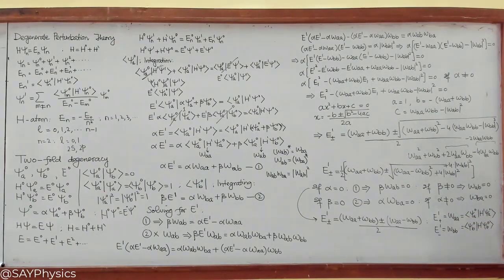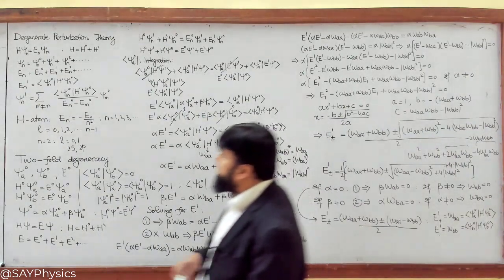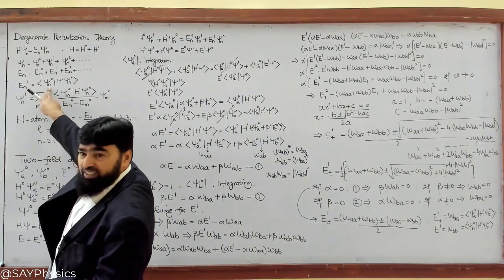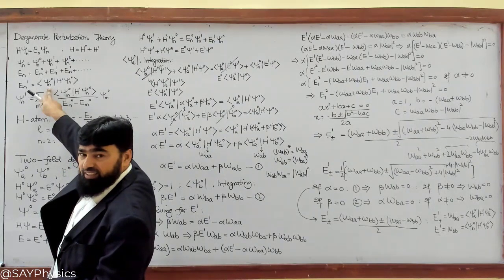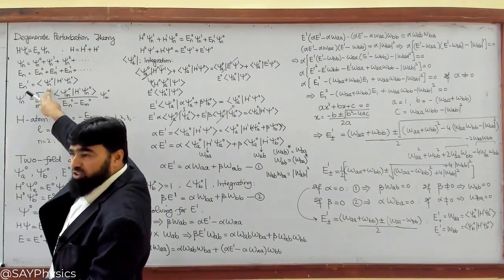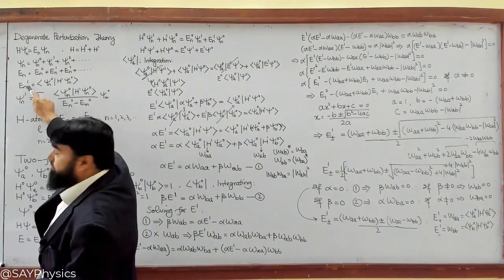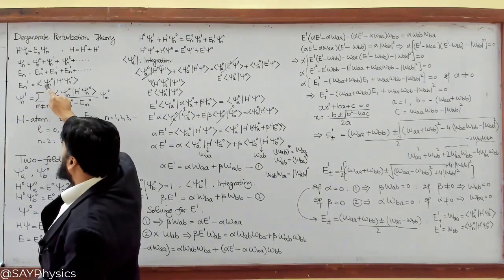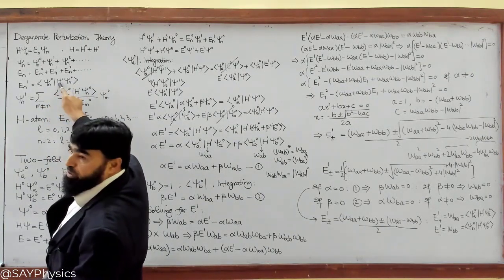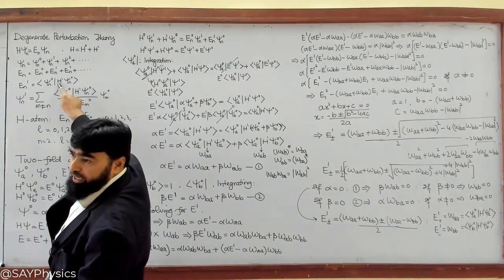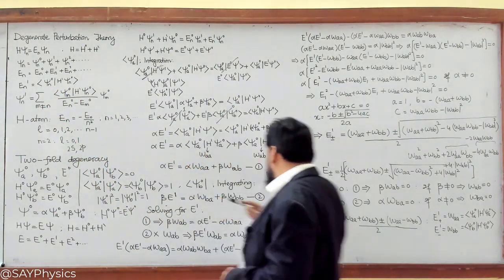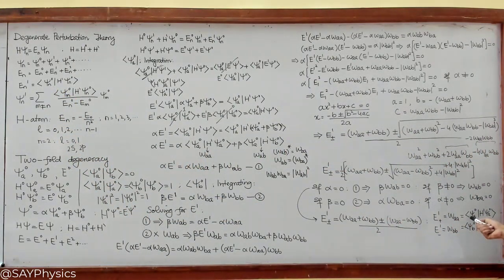But look here, is this equation different from this equation? This equation is not different from this one. Because in this equation, the first order correction is the unperturbed states in Hamiltonian. The perturbation is applied on them. Look here. What was psi A? Psi A and psi B, these were the 2 different states.